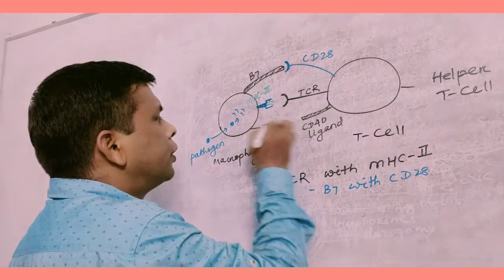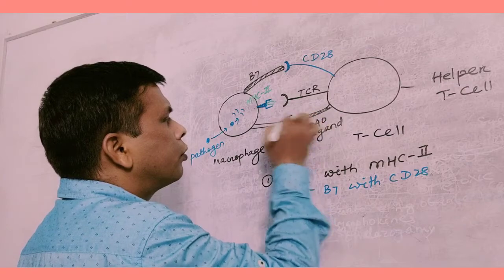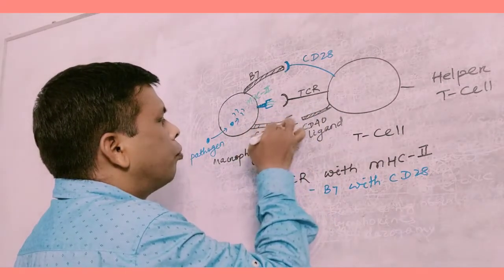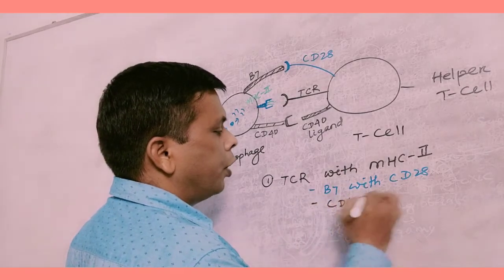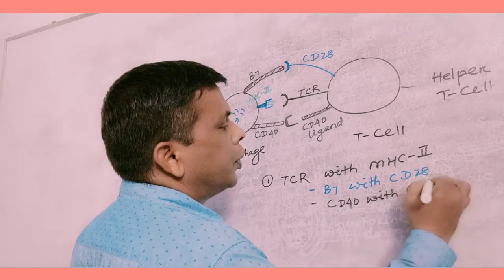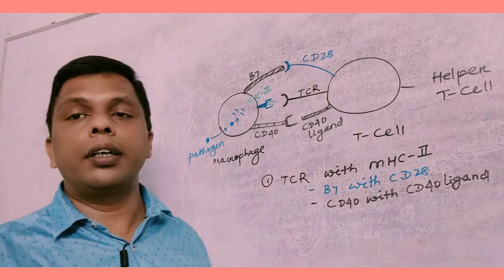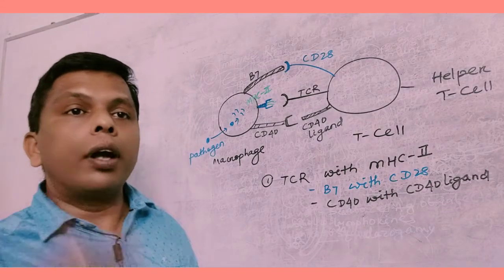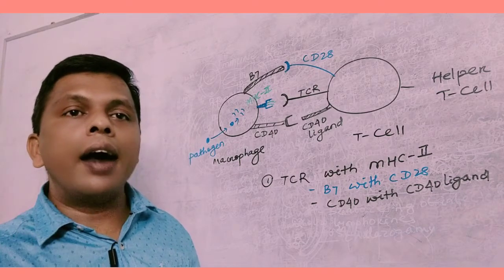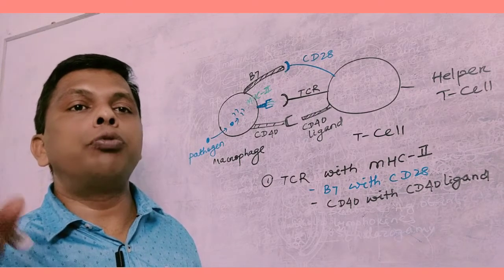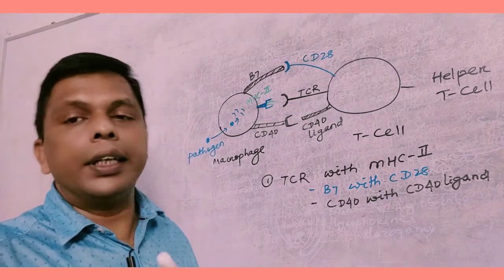Where is CD40 present? It is found in macrophages. So second, CD40 with CD40 ligand. It is another co-stimulatory effect. Clear? After that, these interactions are checked by CD4, which is the receptor present in the T cell.